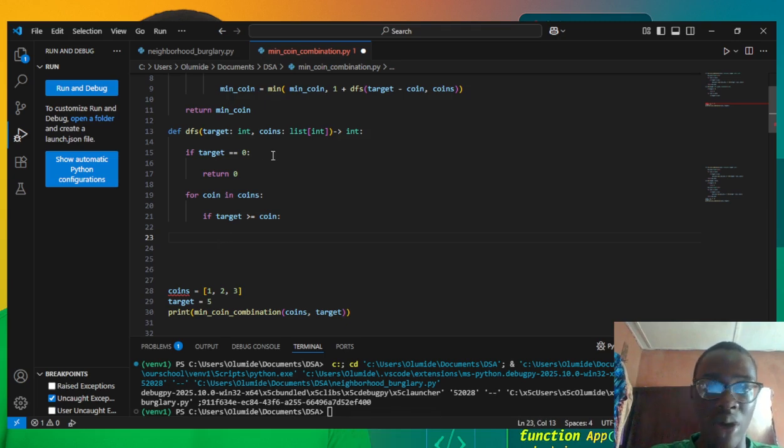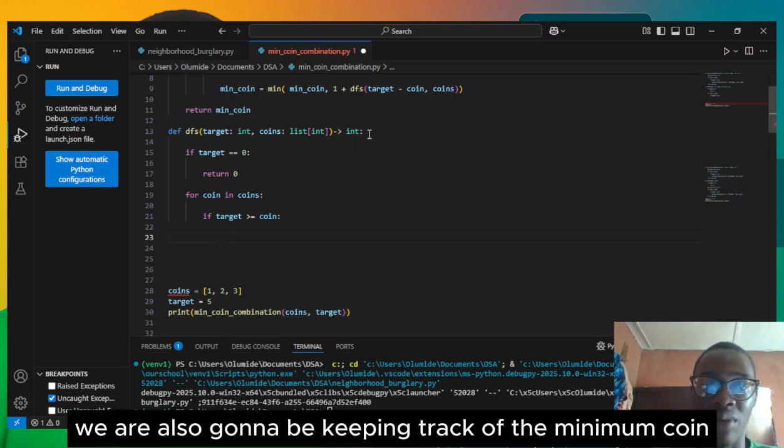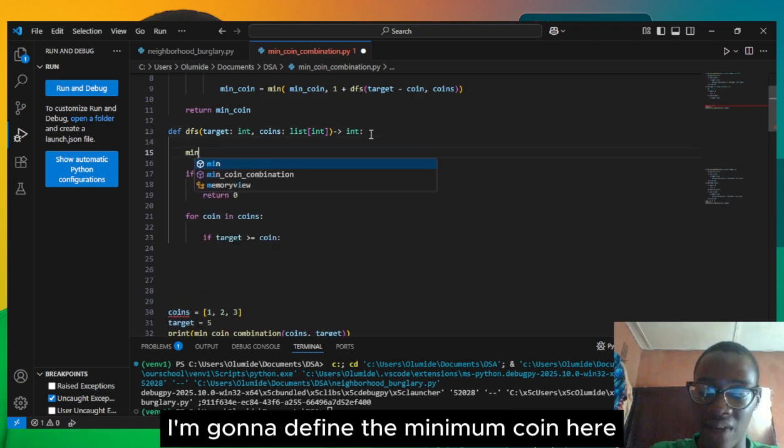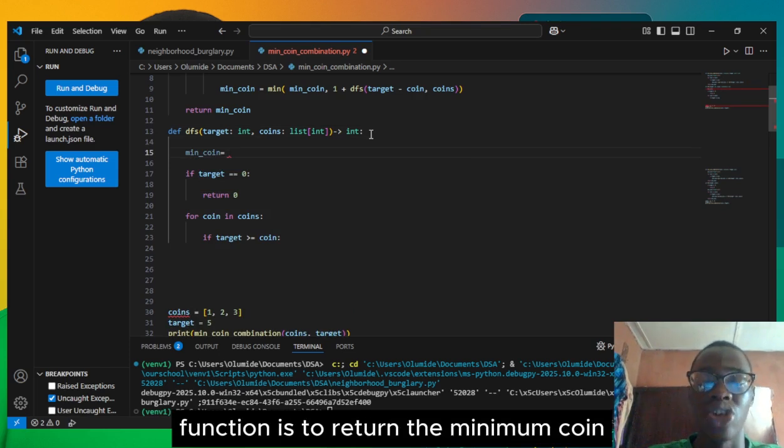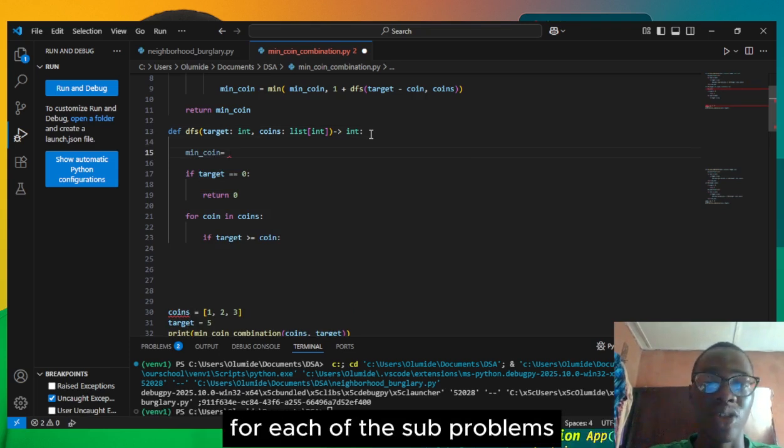we are also going to be keeping track of a minimum coin, and because of that I'm going to define the minimum coin here. Don't forget that the essence of this DFS function is to return the minimum coin for each of the sub problems.